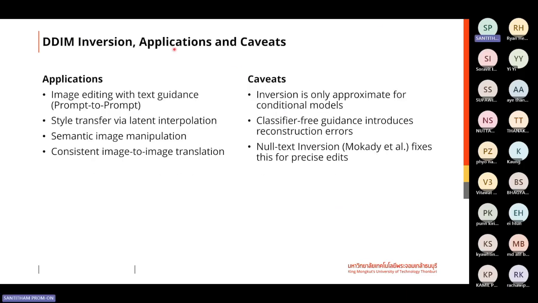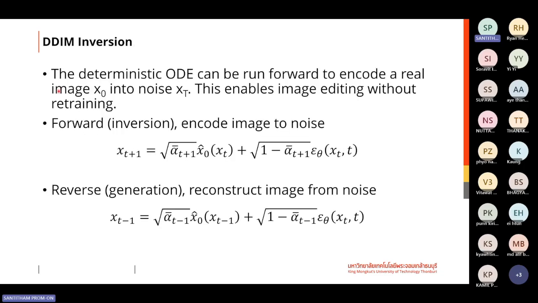Okay, so DDIM is faster, and it opens the pathway to what you see later in the latent model as well. So an application of DDIM is that you can now do image editing with text guidance. How is that? Because you have a way to map a certain latent to a certain image.